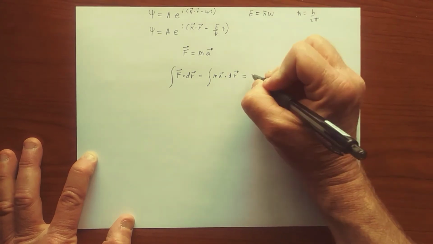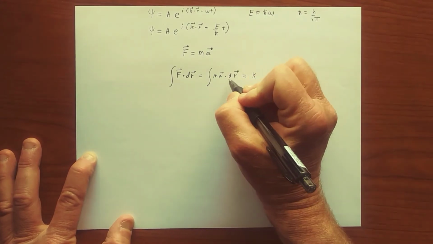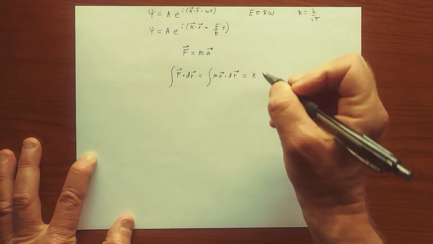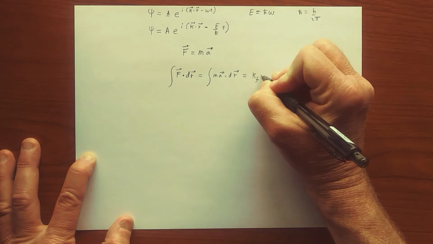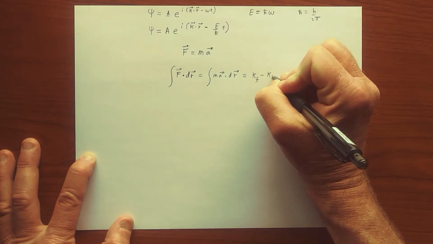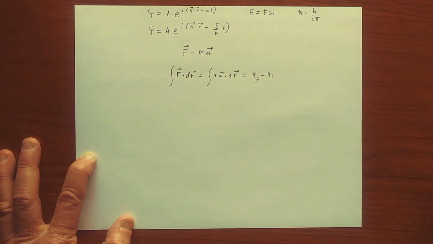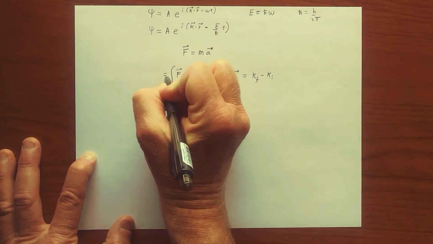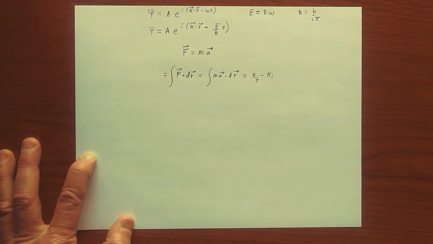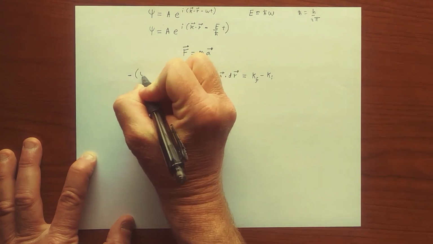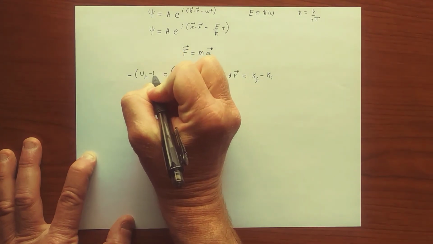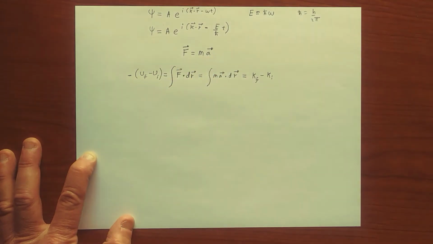When I integrate that, because there's a dot product here and there are vectors, I get numbers: a difference between two numbers, the final kinetic energy minus the initial kinetic energy. And we've seen that. On the other side, if I can write the force in terms of the gradient of a potential function, then I end up with minus U final minus U initial, where F is equal to minus the gradient of this U function.